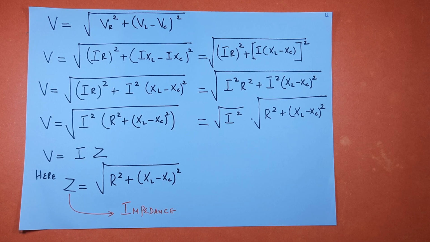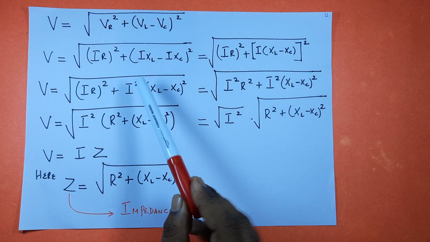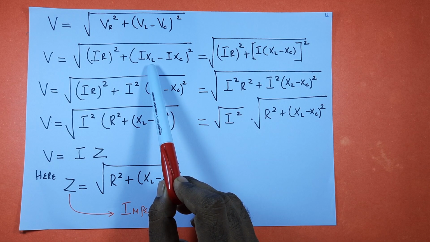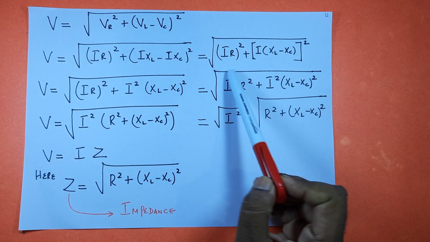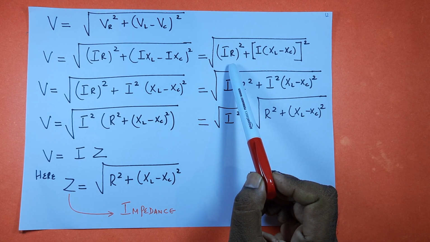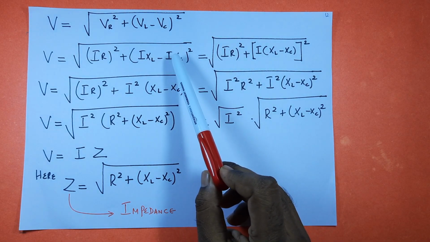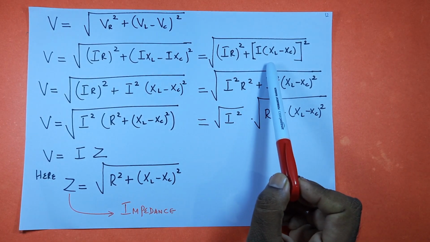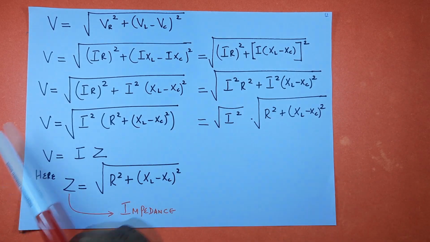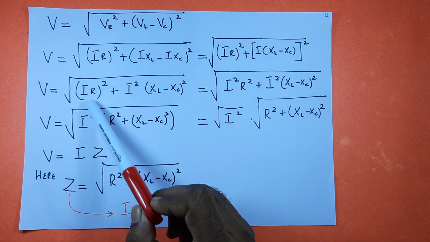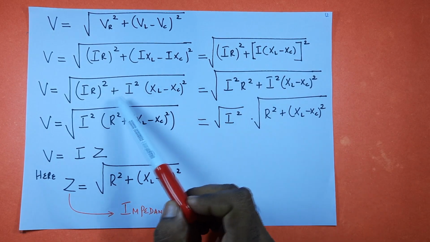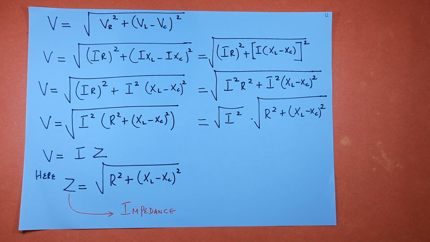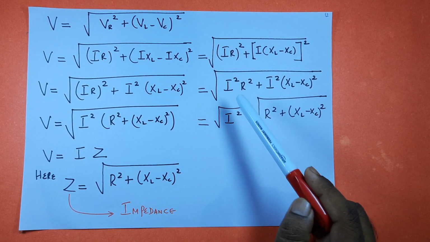V equal to, substituting for VR, VL, VC, square root of IR square plus IXL minus IXC the whole square. I is common, you can take it outside: square root of IR whole square plus I into XL minus XC the whole square. Now separate the square: I square multiplied by XL minus XC the whole square.